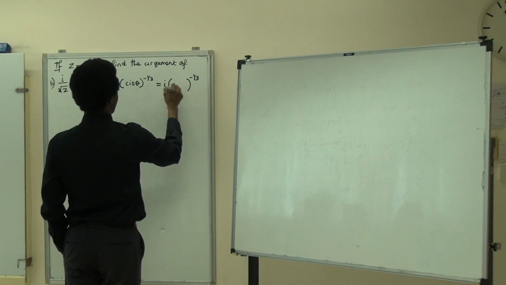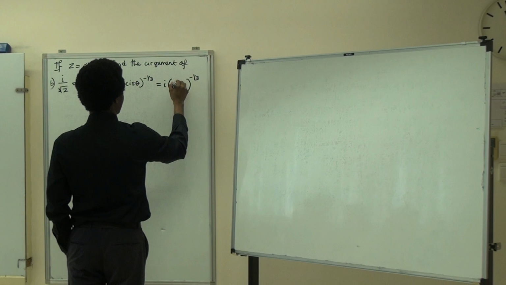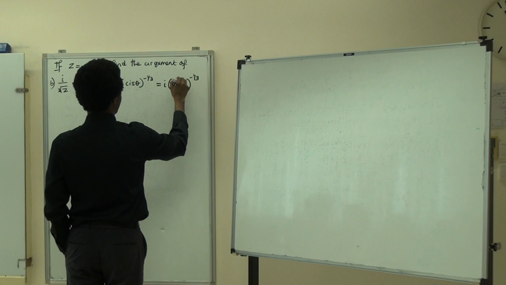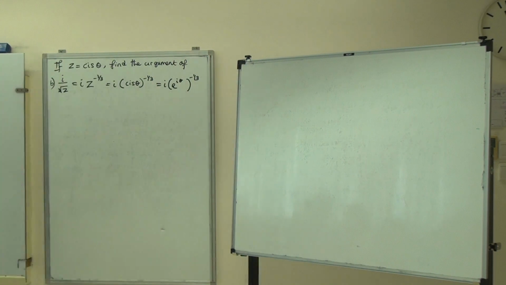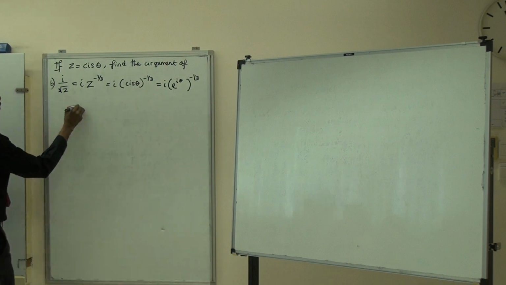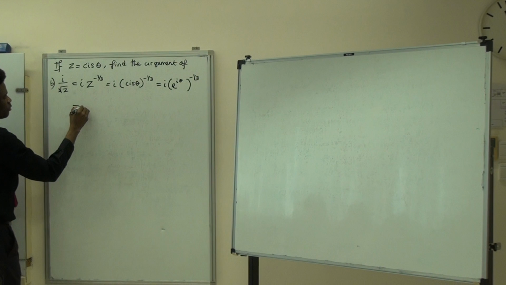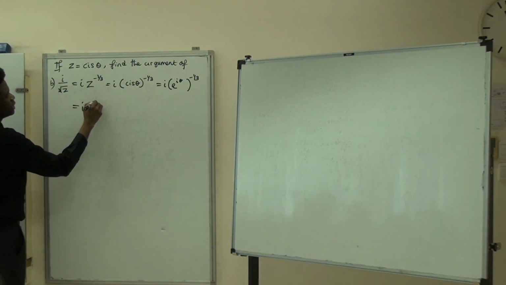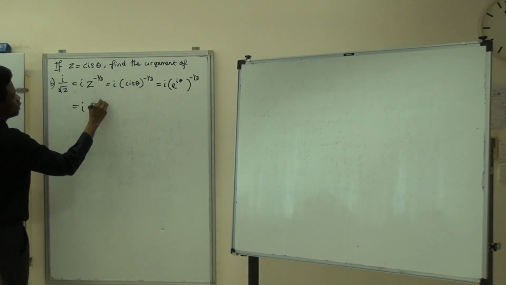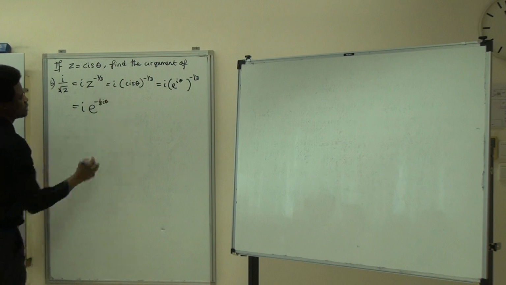So Euler formula makes us realize cis theta is the same as e raised to power what? i theta. Yes? And with Euler formula, by the law of indices, this is simply e raised to power minus 1/3 i theta, isn't it?